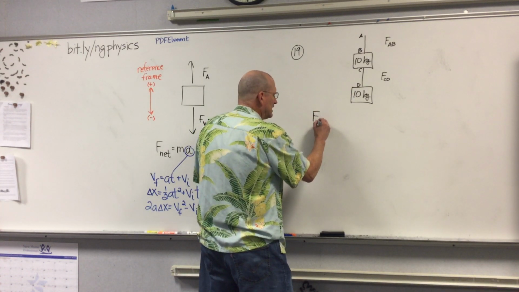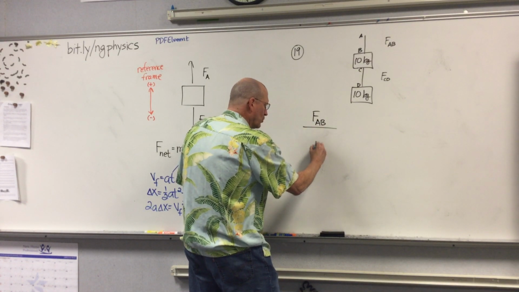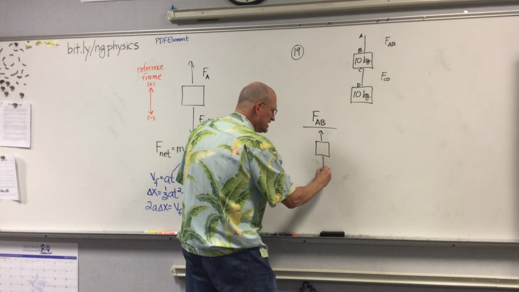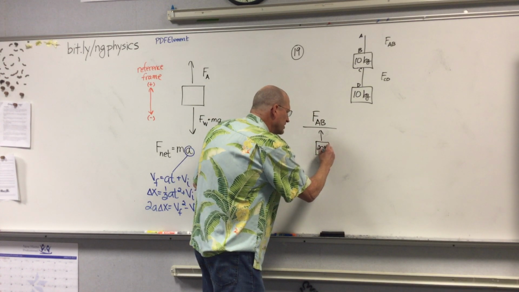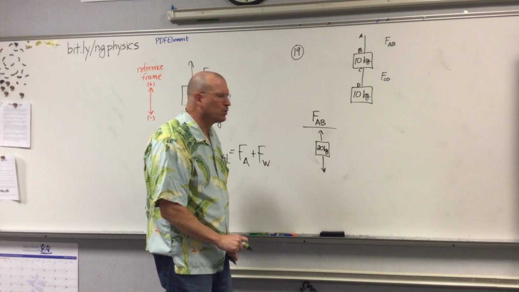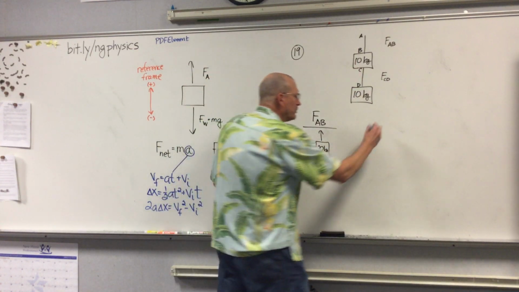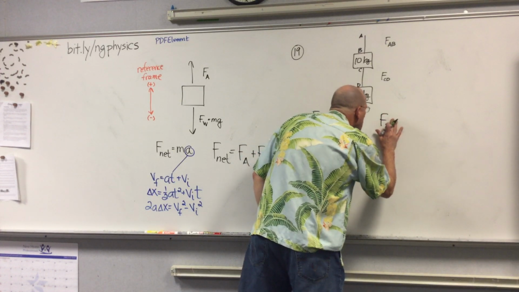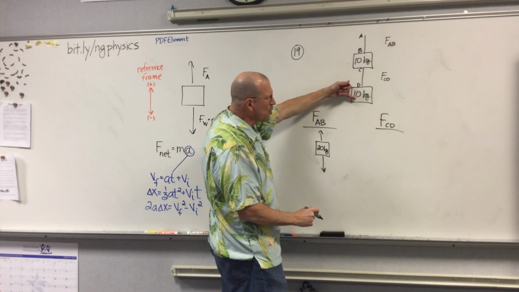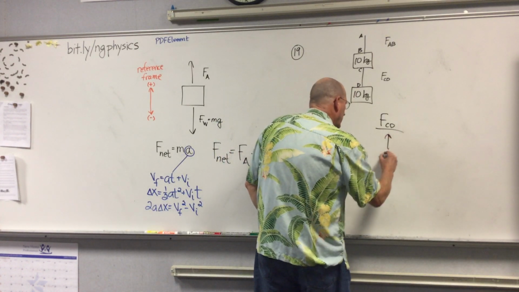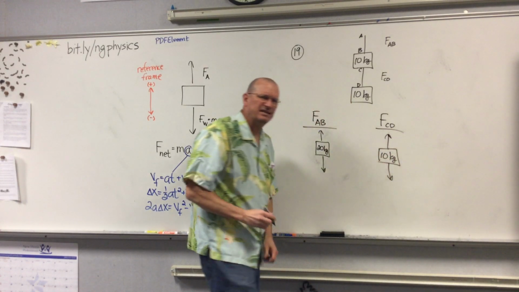So when we are looking at trying to find FAB, we can pretend we have a single object going through a vertical problem, but the mass that we use for that object is 20 kilograms because AB is responsible for both of these. But when we go to process this problem for, not AB, but for CD, CD is only responsible for that lower mass, and that lower mass is only 10 kilograms.